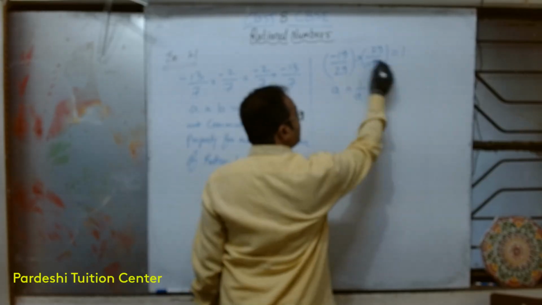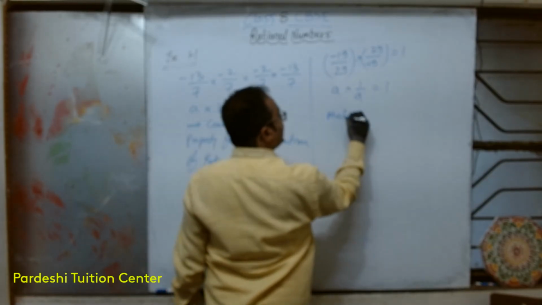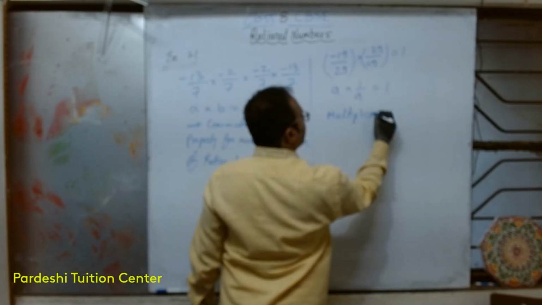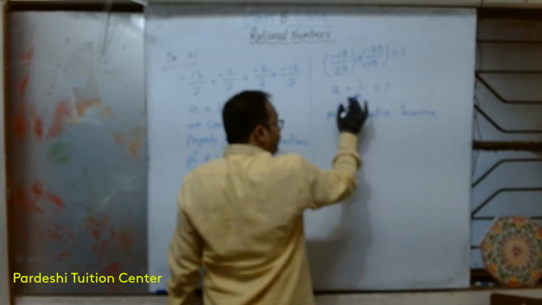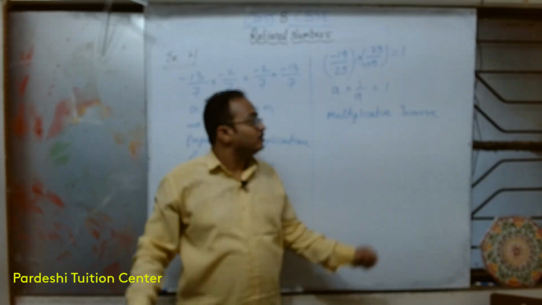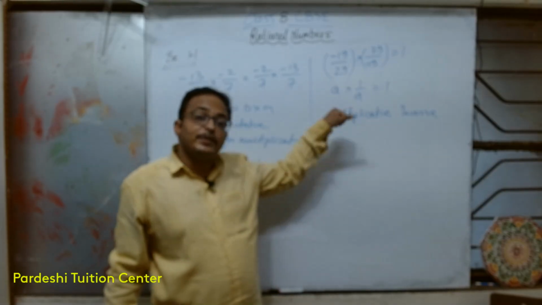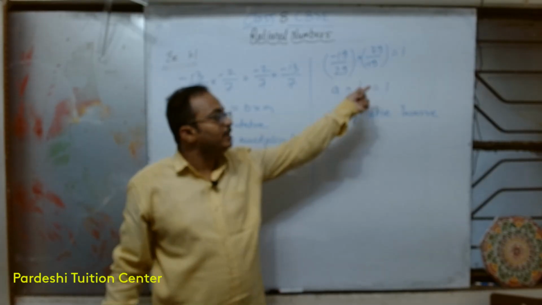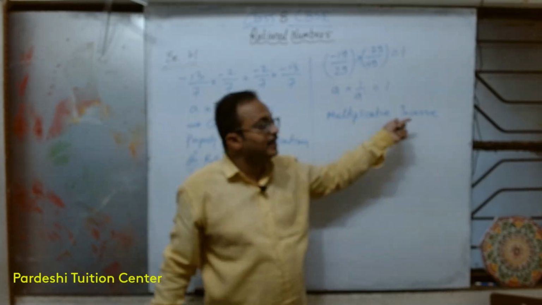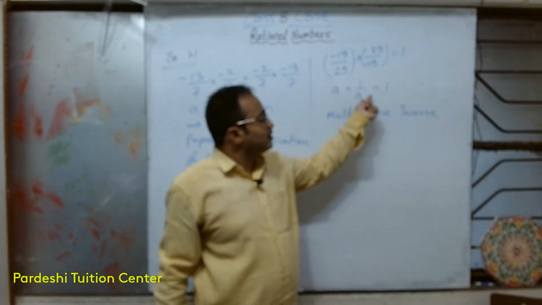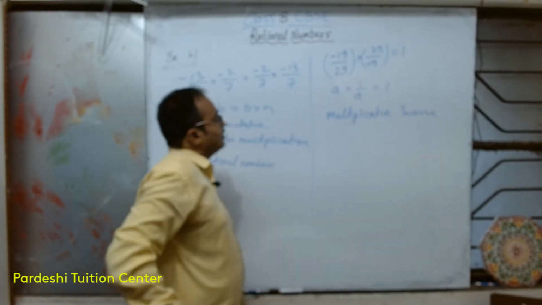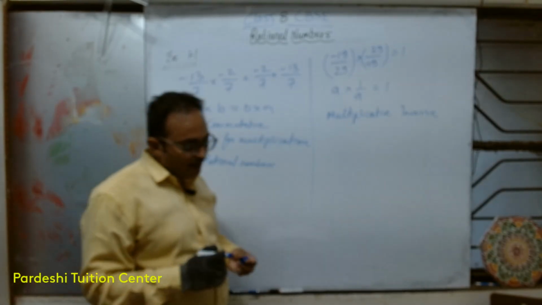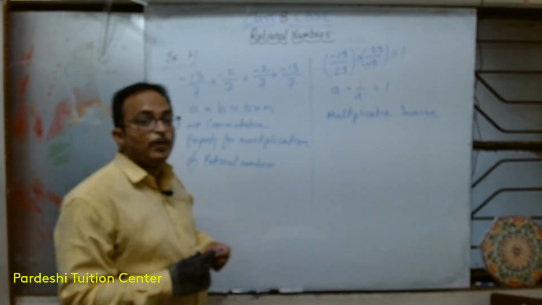So this property is called multiplicative inverse. See, here A is just flipped. Numerator becomes denominator, denominator becomes numerator. So A into 1 by A is equal to 1. This property is called multiplicative inverse. A is the multiplicative inverse of 1 by A. 1 by A is the multiplicative inverse of A. So got this? Question number 1 is done for exercise 1.1.